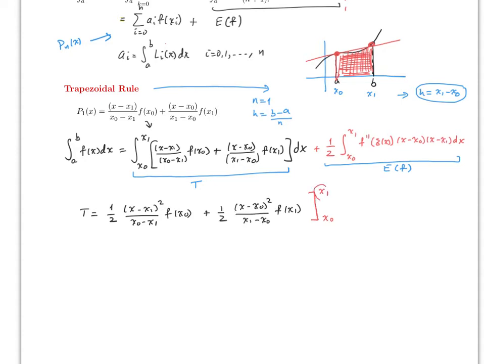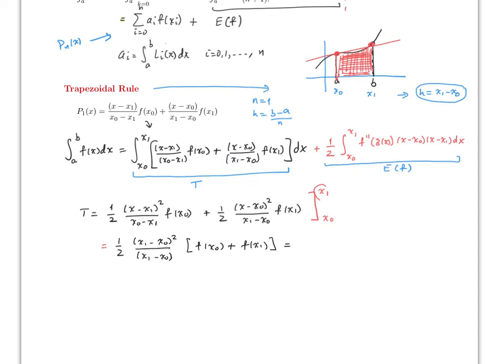Notice that when you plug in x1, this part will be 0, but this won't be 0. And when you plug in x0, this part will be 0, but this one won't. So once you plug in the limits of integration and do a little bit of algebra, you'll end up with the following. This will give you 1/2, and then (x1 minus x0) squared divided by x1 minus x0 times f of x0 plus f of x1.